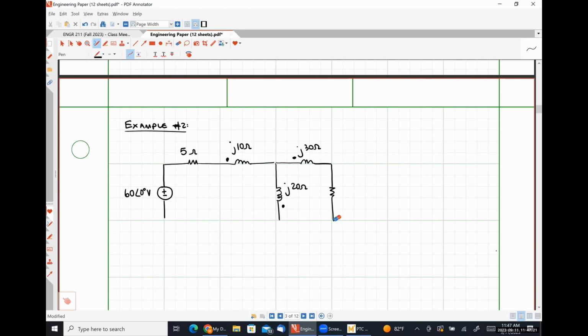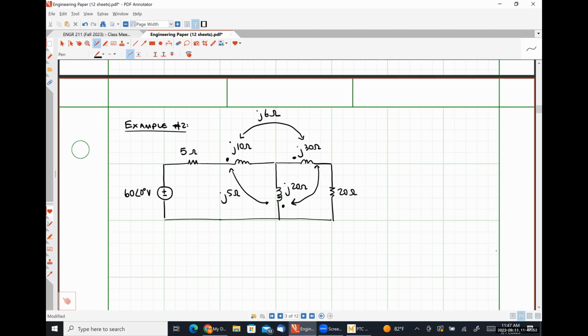Close this out with a 20 ohm resistor, like so. These two coils have a mutual inductance of J5 ohms. These two coils have a mutual inductance of J6 ohms.